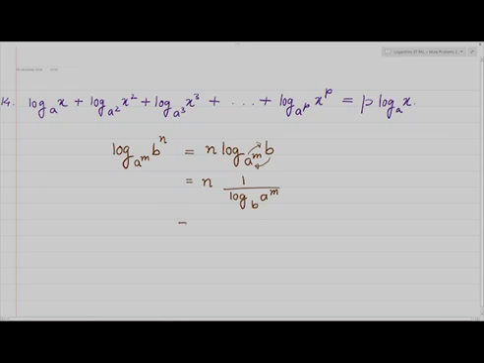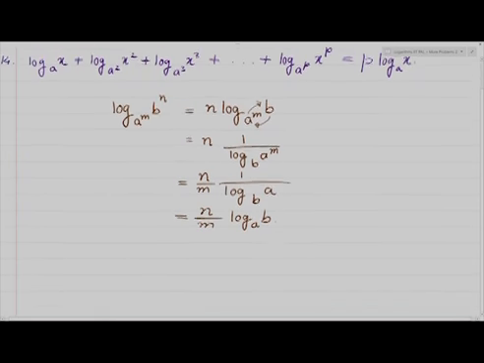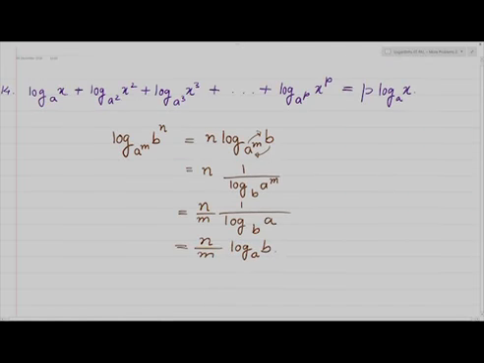This is also in fact equal to, using the same power law in the denominator, n upon m times 1 upon log to the base b of a, but I do not like log in the denominator. So I can do this as n by m log to the base a of b, again switching argument to base and base to argument.